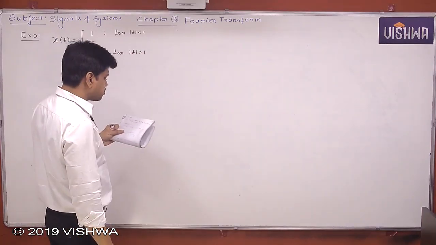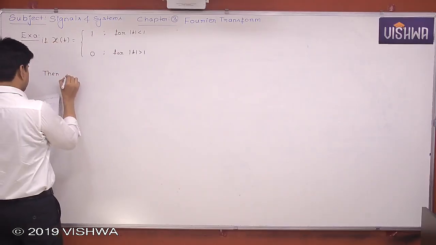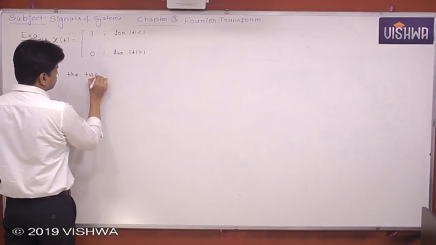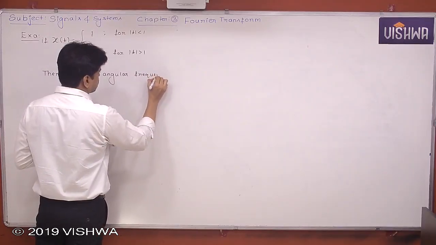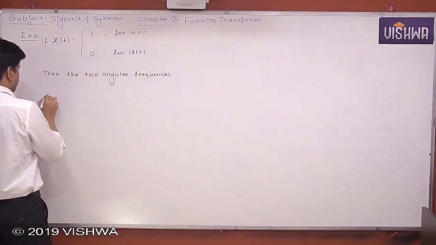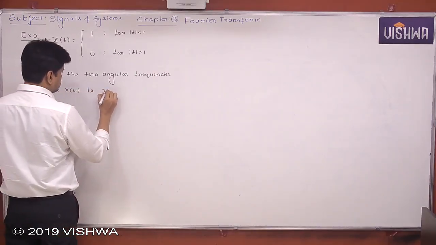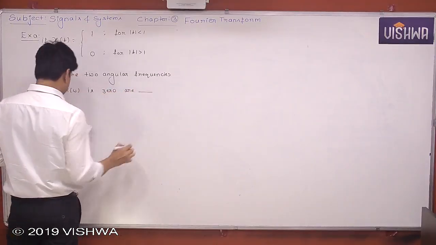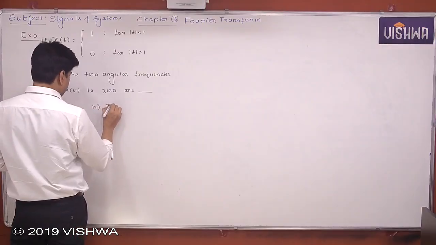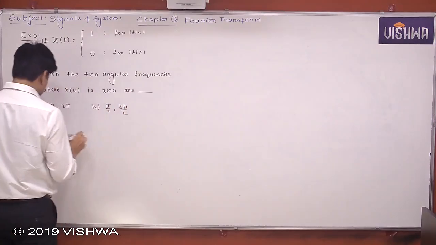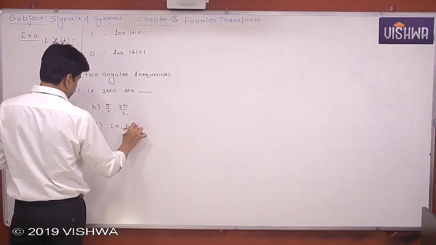Then the two angular frequencies where x of omega is 0 are: option A, pi, 2 pi; option B, pi by 2, 3 pi by 2; option C, 0 comma pi; option D, 2 pi comma 5 pi by 2.